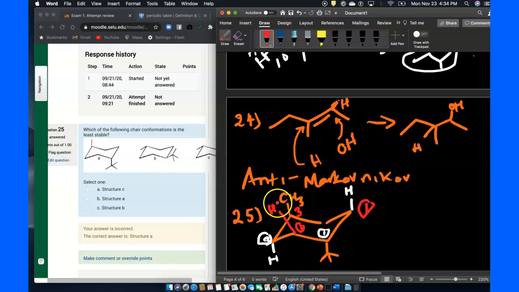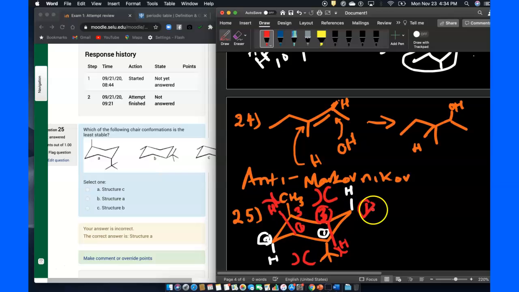1, 2, 3. So the methyl is crowding in space with the hydrogens on the third position with respect to itself. So here the same thing, there's crowding between the tertiary group and the hydrogen on the third carbon. If you count 1, 2, 3, this will also be a third position compared to the isobutyl. So the hydrogen that's down there is crowded with the methyl.